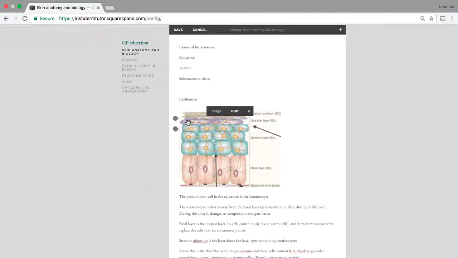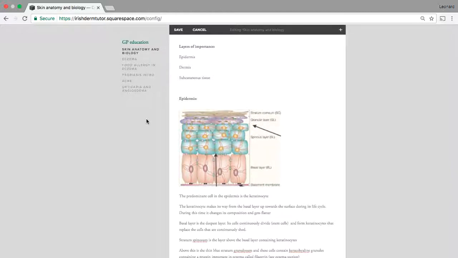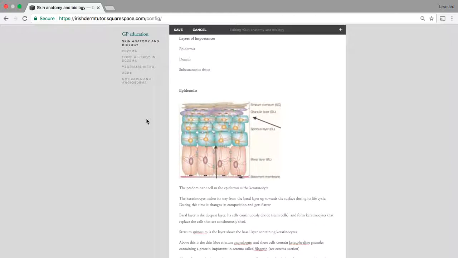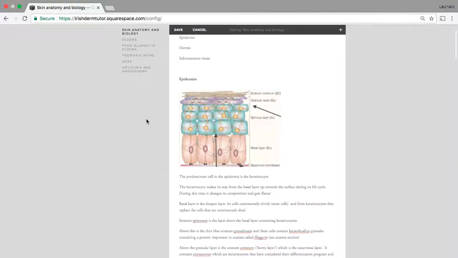Above the spinous layer is the thin granular layer, or stratum granulosum. The cells within this layer contain keratohyalin granules, and they contain a very important protein called filaggrin, and this is important in eczema and also other skin conditions.